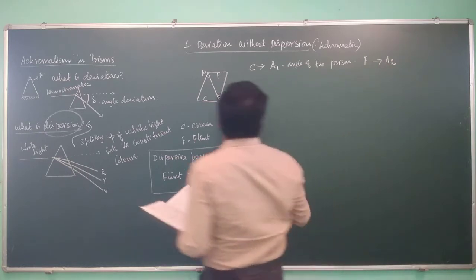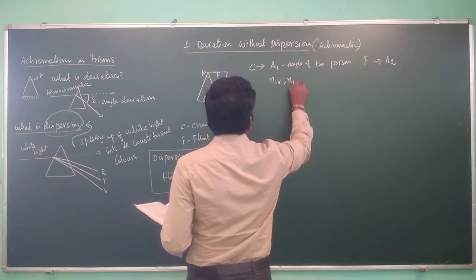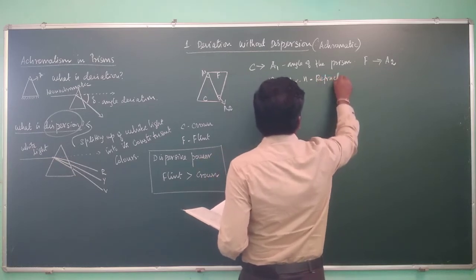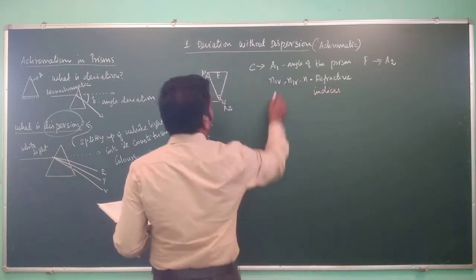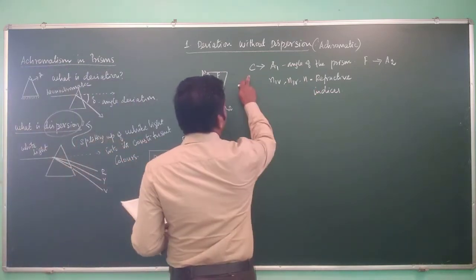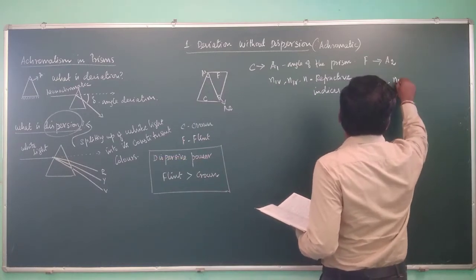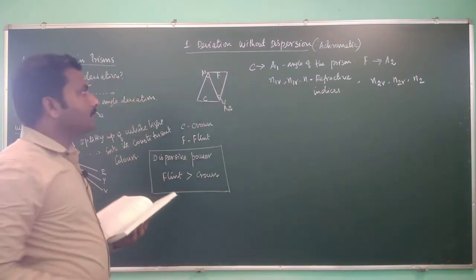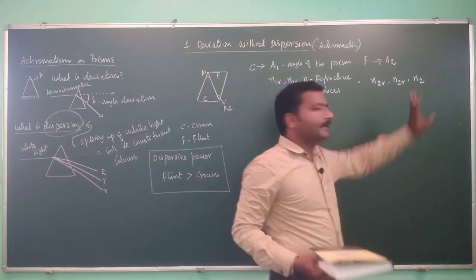N1V, N1R and N1 are the refractive indices of the violet, red and yellow colors of crown prism, while N2V, N2R, N2 are the refractive indices of Flint prism of violet, red and yellow colors.